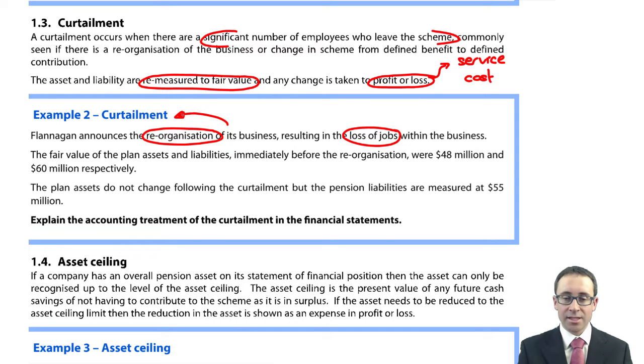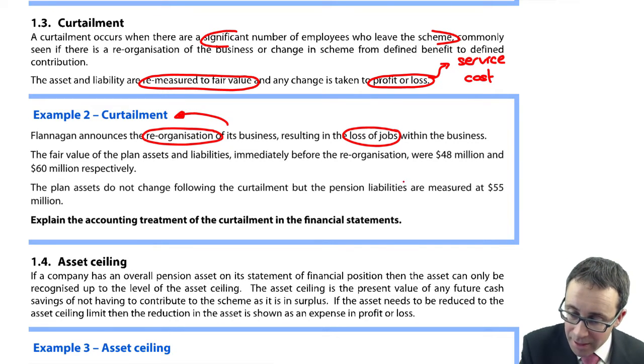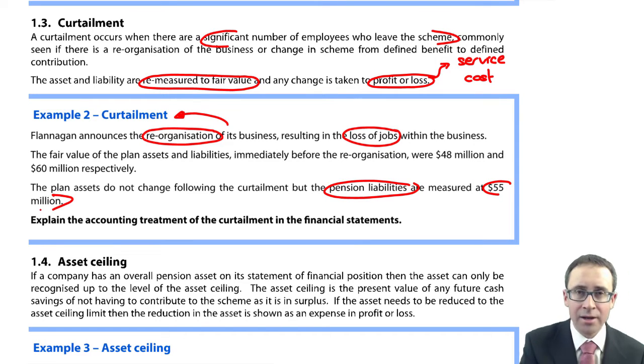It says the fair value of the plan assets and liabilities immediately before the reorganization were 48 and 60 million respectively. So we had net liabilities of 12. And it says that the plan assets do not change, but the pension liabilities are remeasured at 55 million.